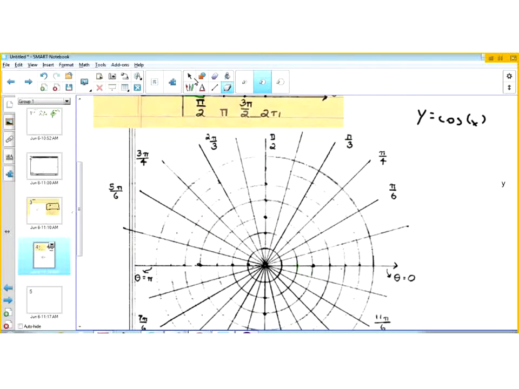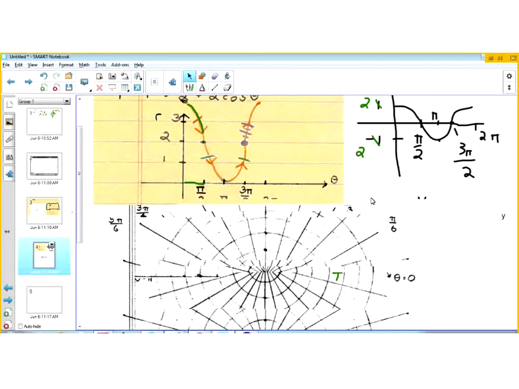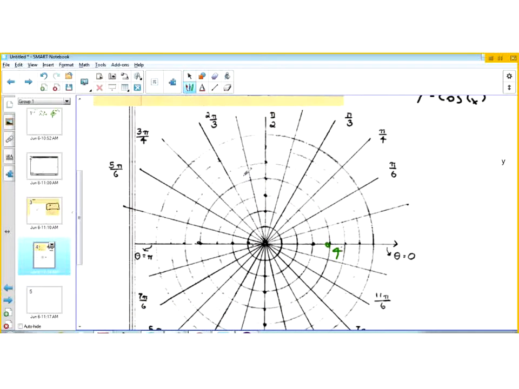So 1, 2, 3, 4. And then at pi halves we advance to 2. So 1, 2. Then we just connect the curve as shown in the rectangular curve.